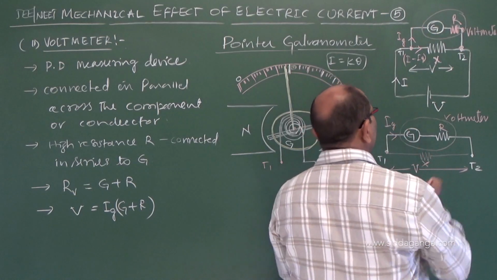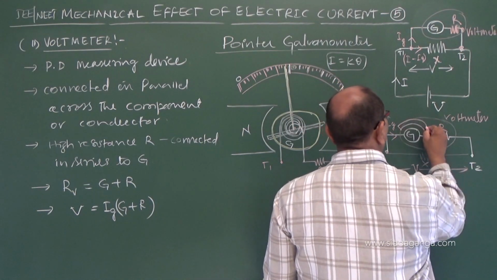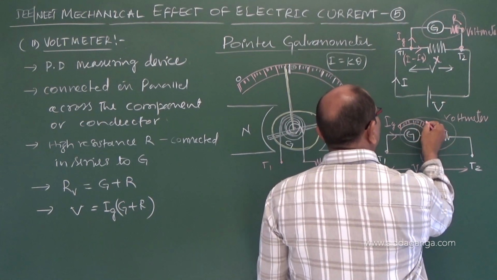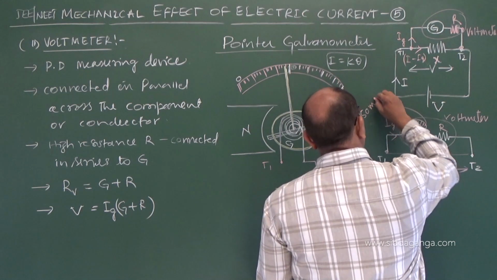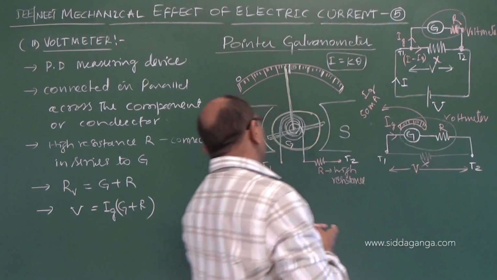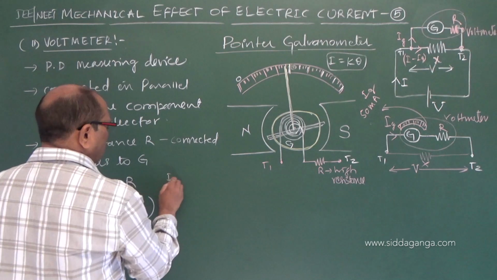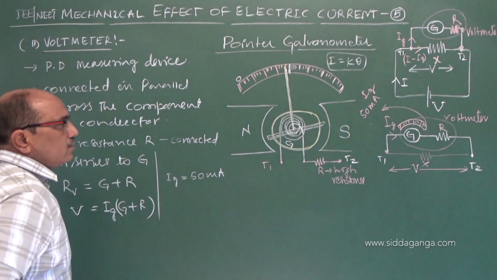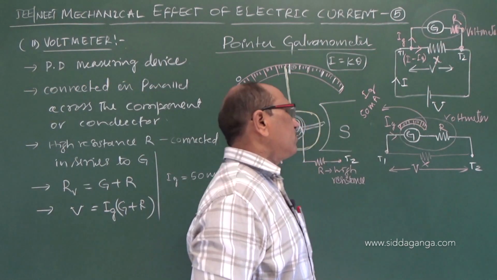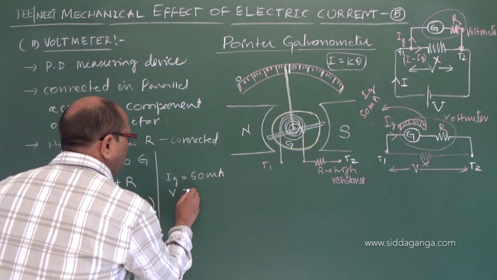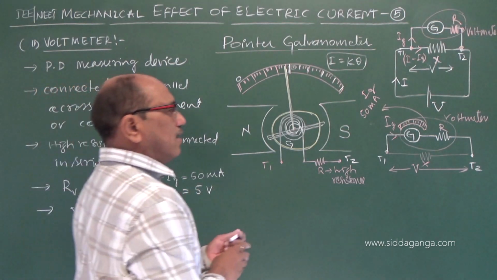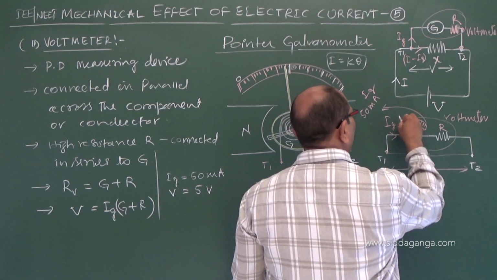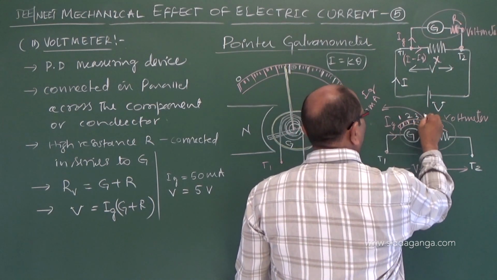Here this device has the scale again. As I told earlier, say 50 milliamps is the maximum Ig value. Let 50 milliamps be the maximum current that the galvanometer measures. Now I can convert this into a 5 volt device. Each 10 divisions is 1 volt: 1 volt, 2 volt, 3 volt, 4 volt, 5 volt.